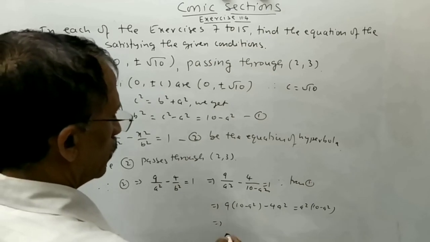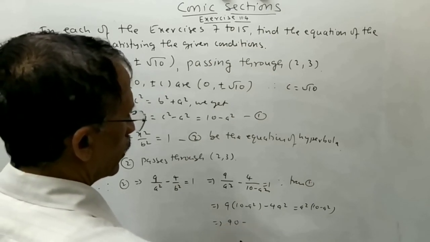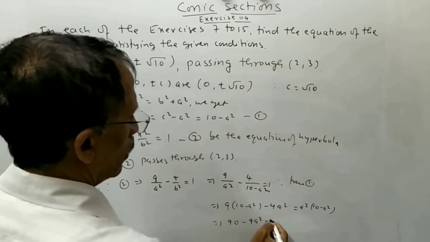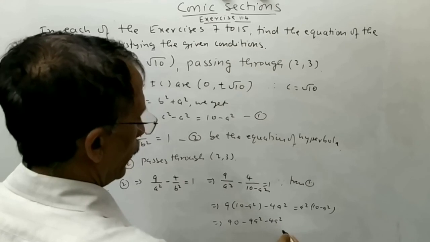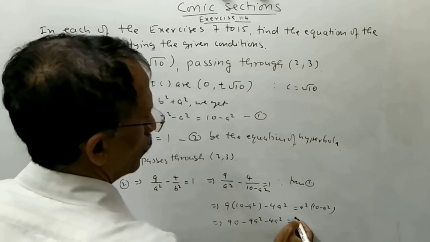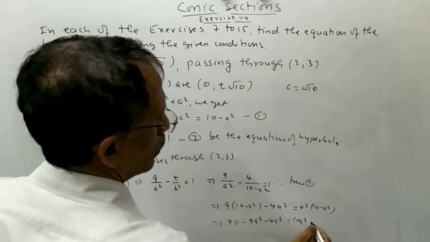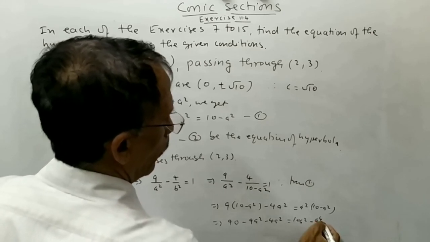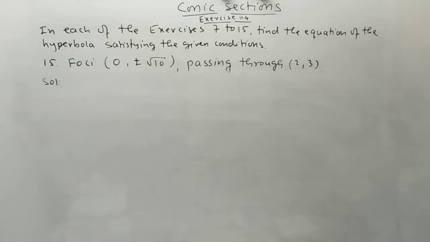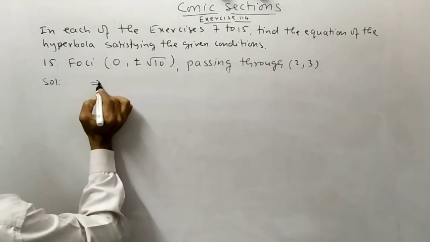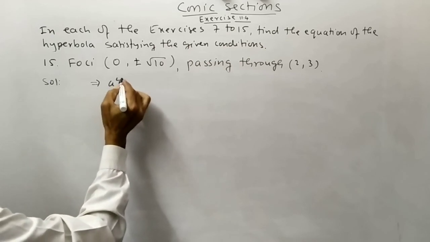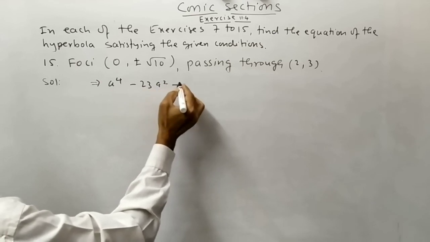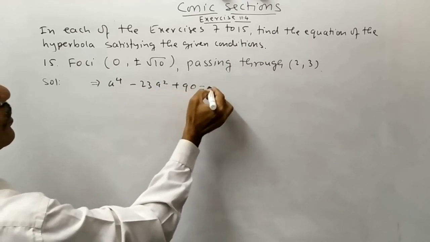This implies 90 minus 9a square minus 4a square is equal to 10a square minus a raised to the power 4, which implies a raised to the power 4 minus 23a square plus 90 is equal to 0.